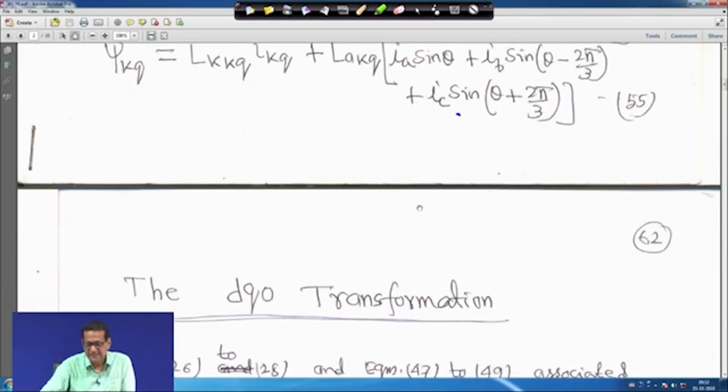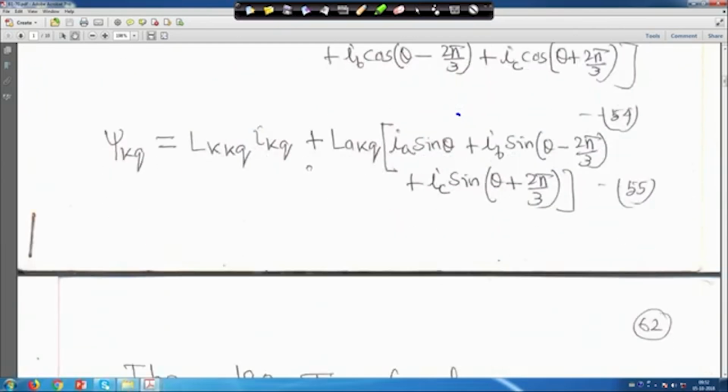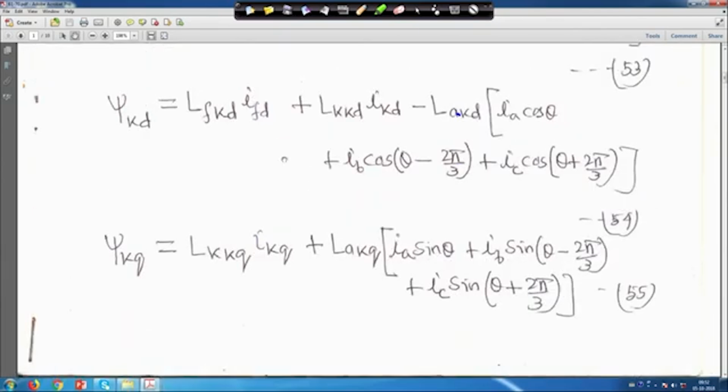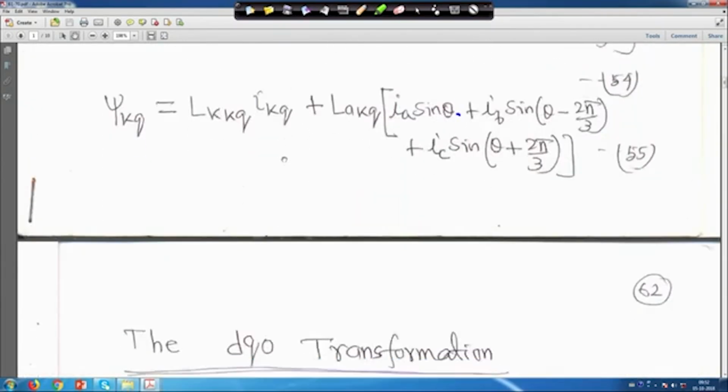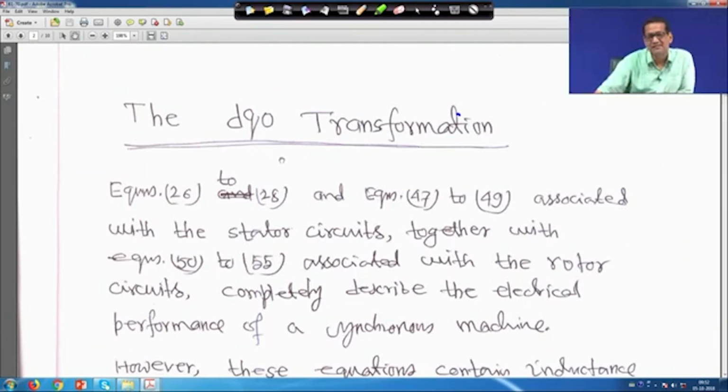Now, next, we have seen all these flux linkage equations and inductances, but this direct analysis is slightly difficult. So, we will make some DQ0 transformation, that is direct axis, quadrature axis and stationary axis.